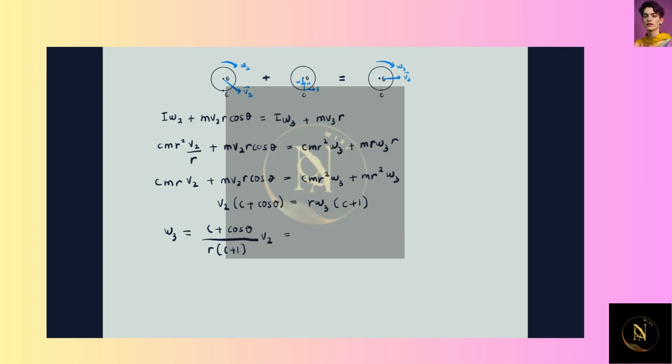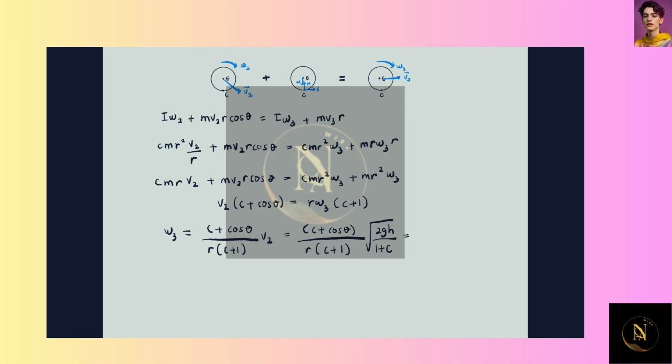Substituting v sub 2, this becomes c plus cosine theta over r times c plus 1 times the square root of 2gh over 1 plus c.